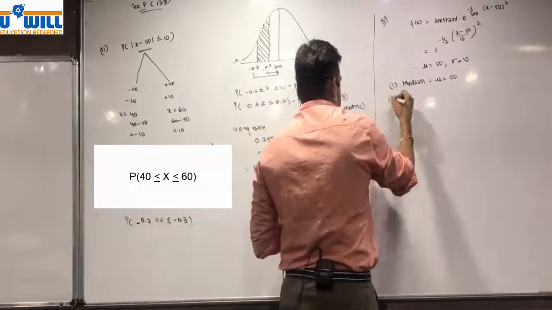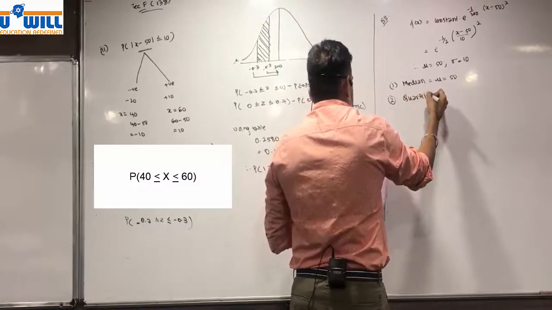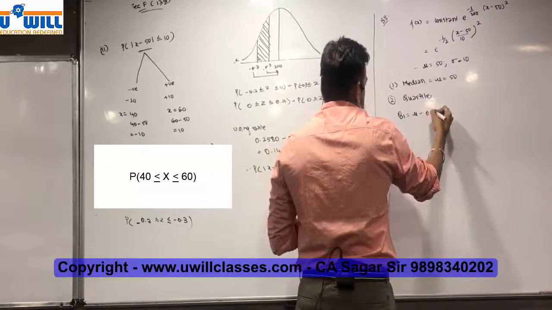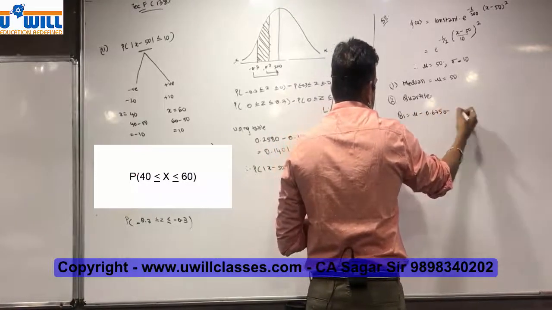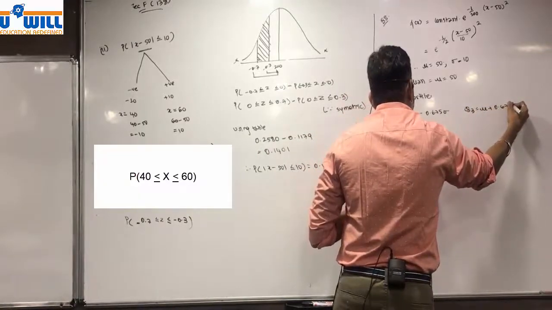Second, quartiles. First we find Q1 is equal to mu minus 0.675 sigma. Q3 is equal to mu plus 0.675 sigma.